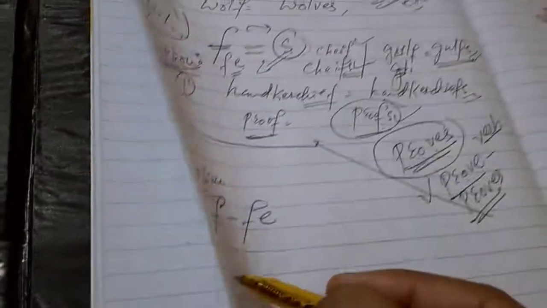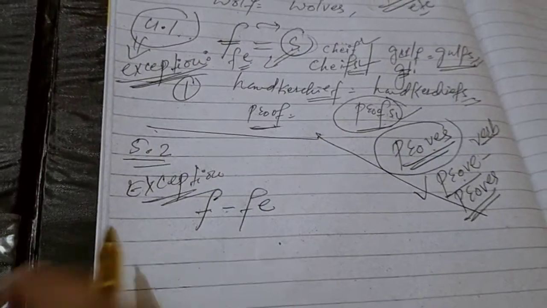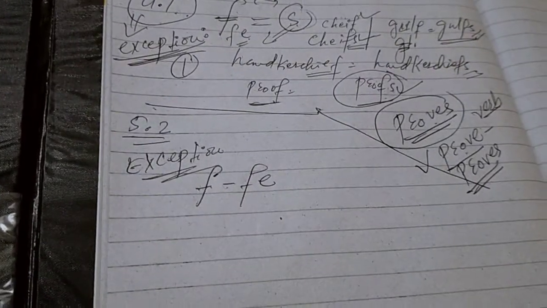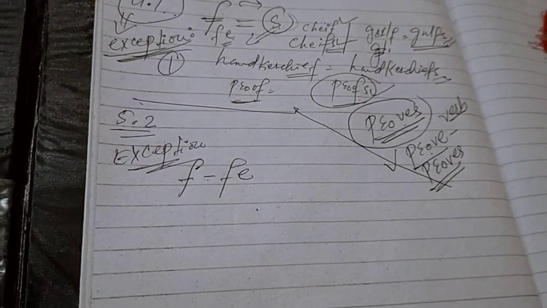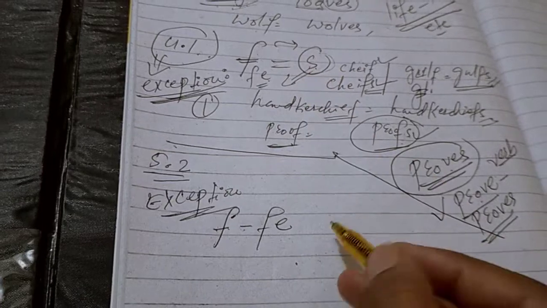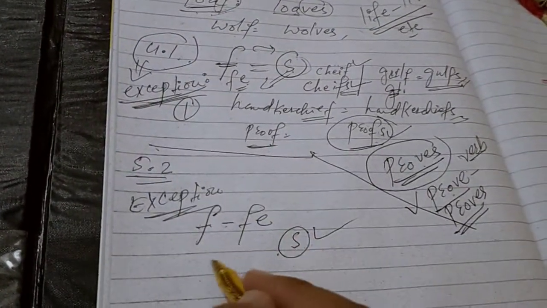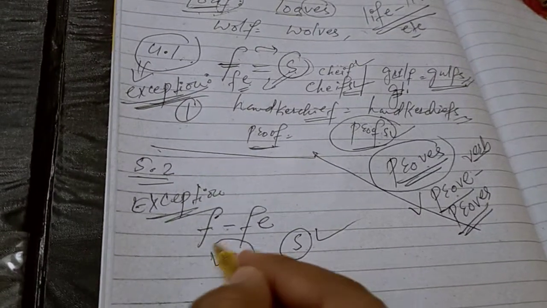And then you will cram this next one, ताकि आप लोगों को पता चले कि some nouns that end in f or fe, they'll be made plural in both cases. Both cases मतलब अगर उनके साथ आप s लगाएंगे तो भी वो सही हो जाएंगे, अगर उनके साथ आप ves लगाएंगे तो भी वो सही हो जाएंगे.